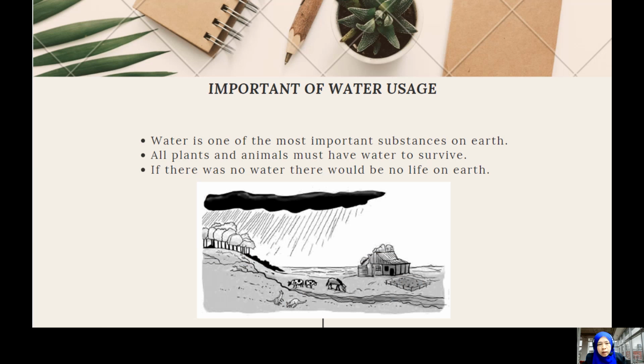Why must we learn about water usage? This is the importance of water usage. Actually, water is one of the most important substances on our earth, and water is important for all plants and animals. They must have water to survive, and if there was no water, there would be no life on our earth.